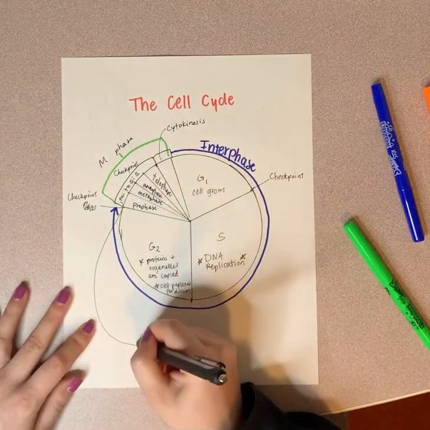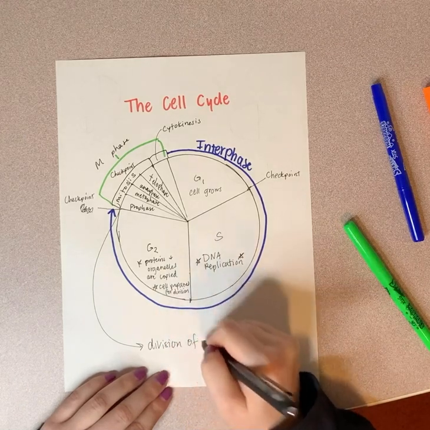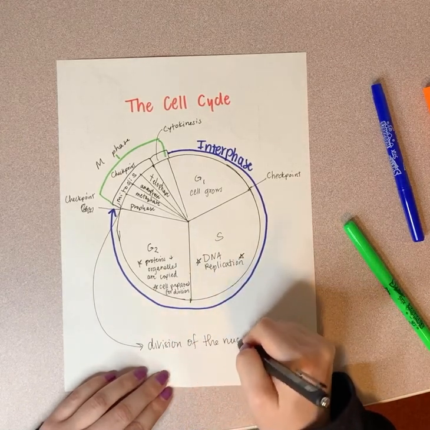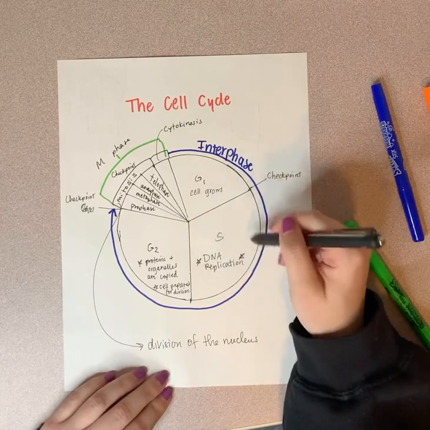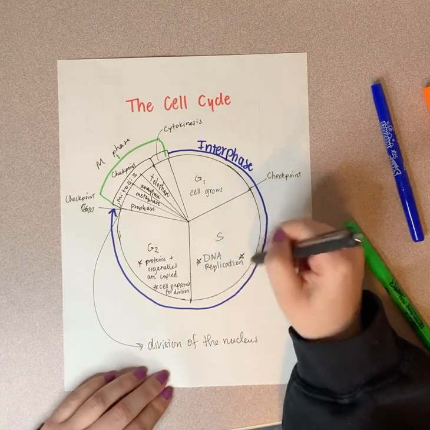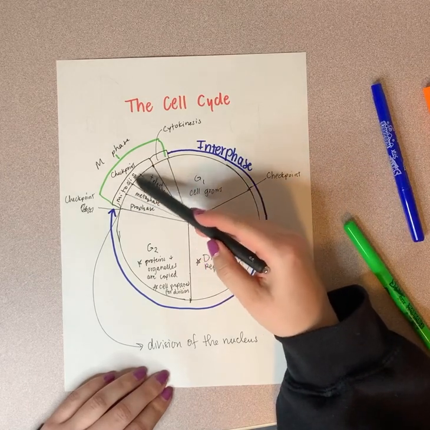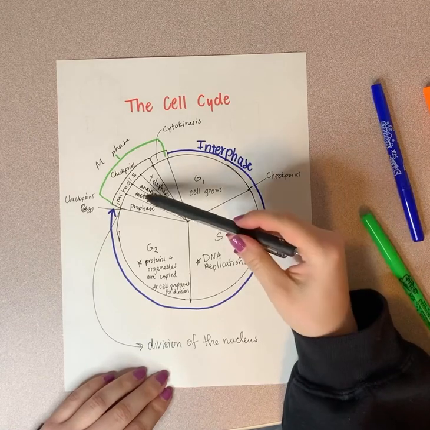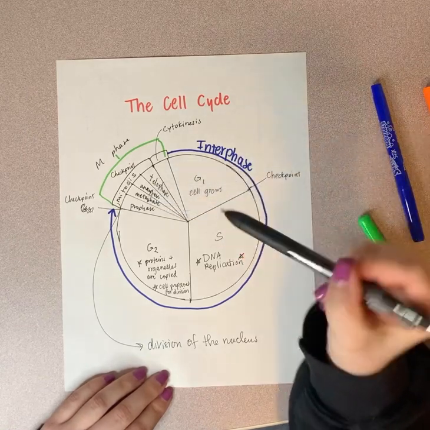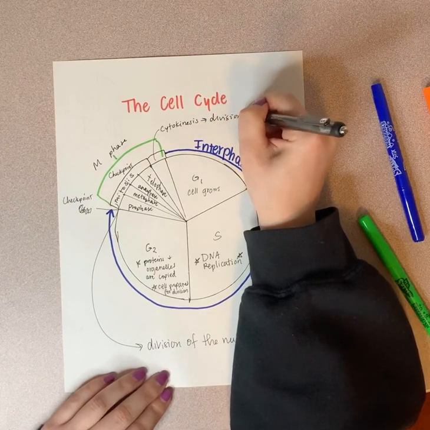Mitosis is defined as the division of the nucleus. So everything in the nucleus gets duplicated in S phase of interphase, right? That's where DNA replication occurs. So mitosis really only serves to get those doubled up chromosomes separated. It's the separation of the nucleus. Cytokinesis is the division of the cytoplasm.